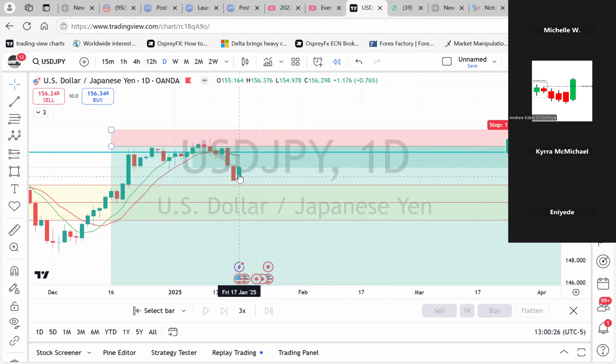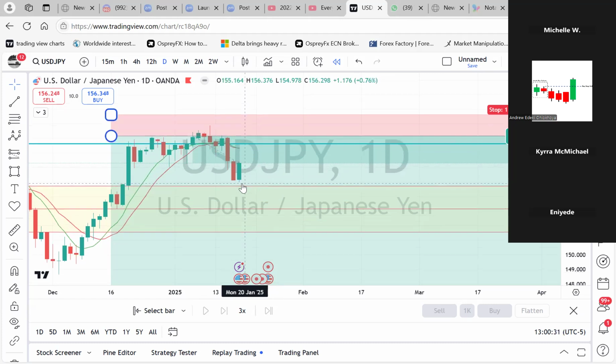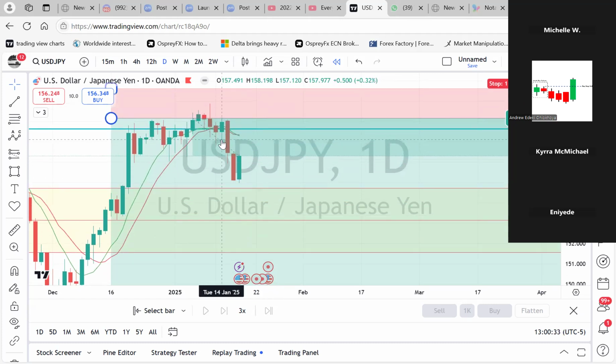Just remember that this order block still needs to be taken care of. How do I know? Because there's an imbalance and there's an order block, there's an imbalance, and there's a break of structure. So you can't tell me that this area won't be key. It will be, with or without you.